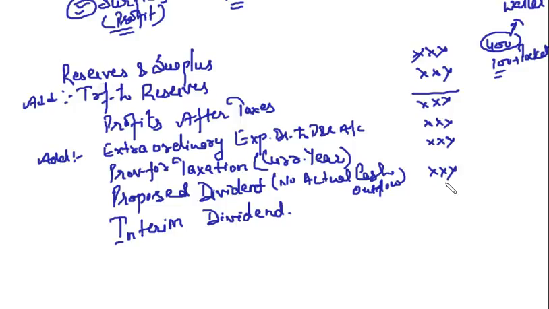Right? We see that we have the profits during the year, we pay the interim dividend in between. Interim is in between. So you will say, sir, this involves the actual cash outflow, so why are we adding back?